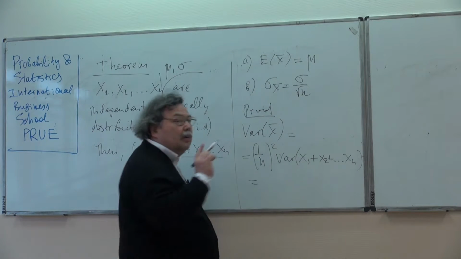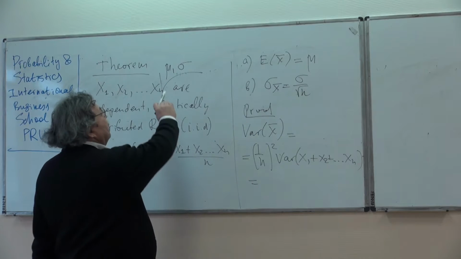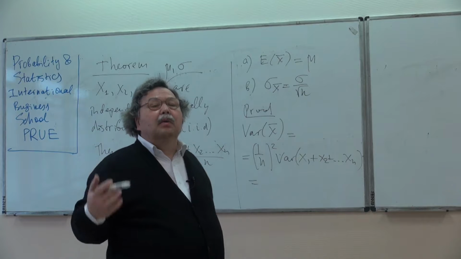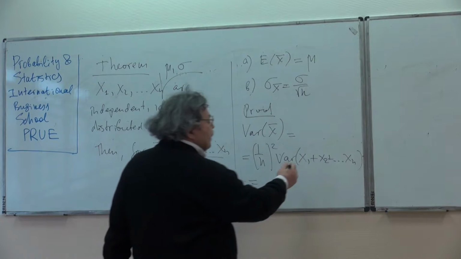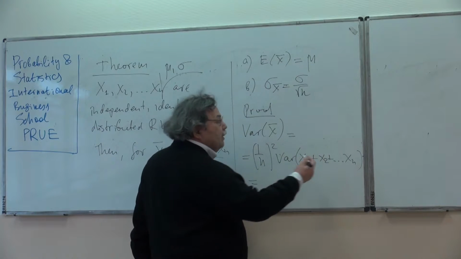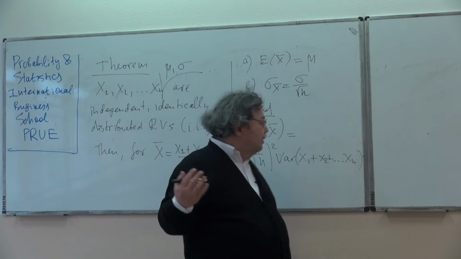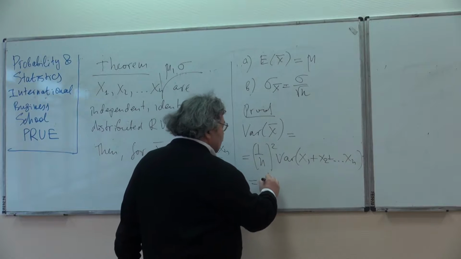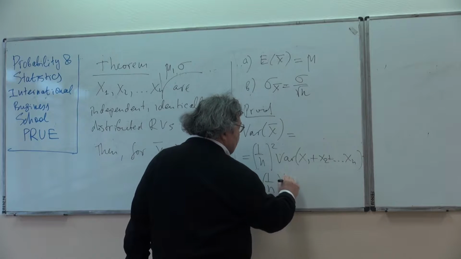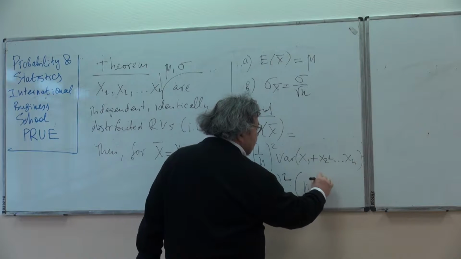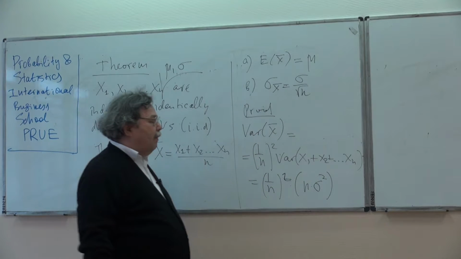And not only are they independent, they are identically distributed, so they have a common variance. And here we have the sum of n copies of this variance. Okay? So it's going to be 1 over n squared, and here we can write n times sigma squared.